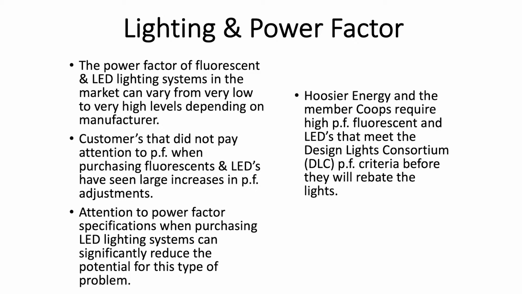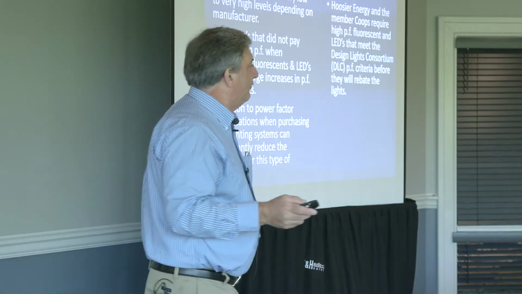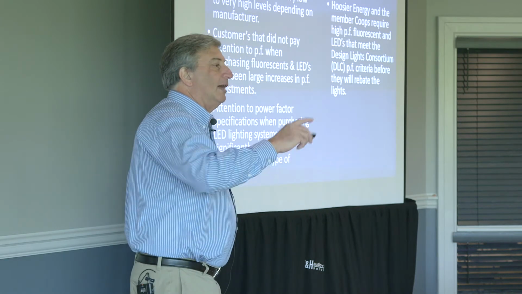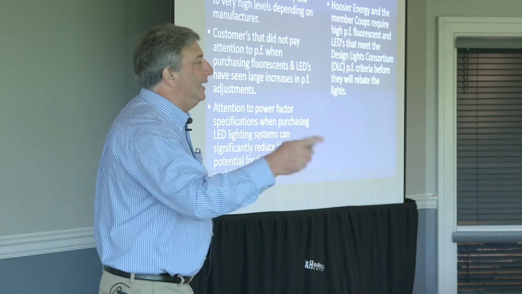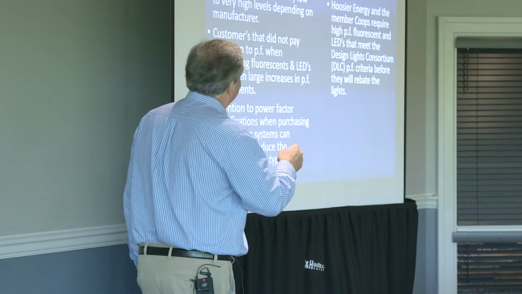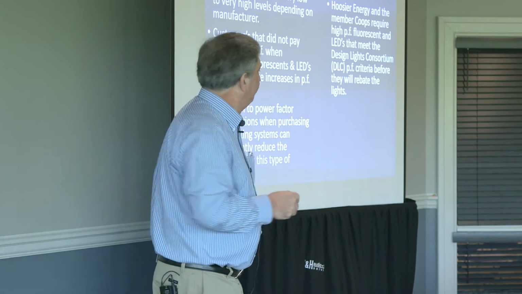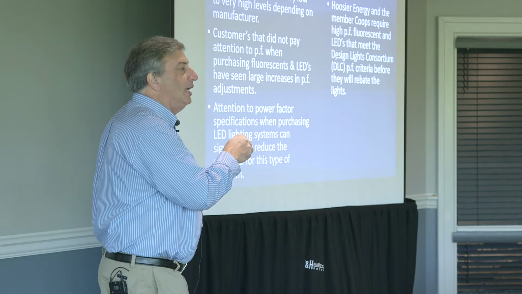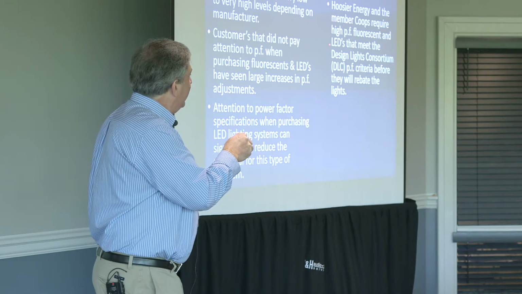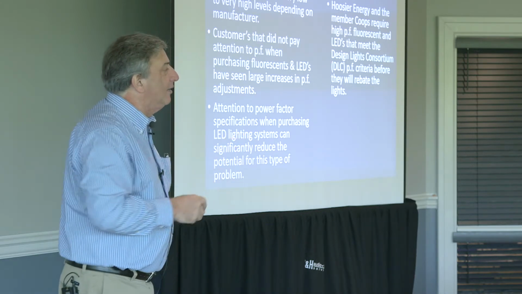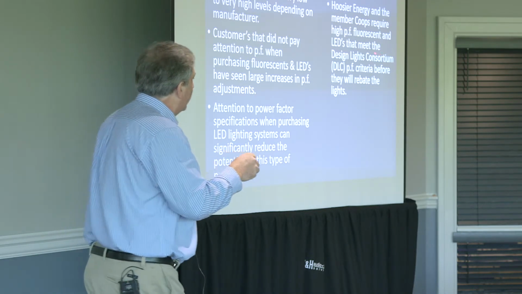Now, Hoosier Energy and the member co-ops require high power factor fluorescent and LEDs that they will rebate. So if you've gotten a rebate from Hoosier or the co-ops for an LED retrofit or planning to, you don't have to worry about that like some other clients I work with at other utilities. Hoosier says in order for you to get your rebate, your LEDs have to meet the DLC criteria, the Design Lighting Consortium.